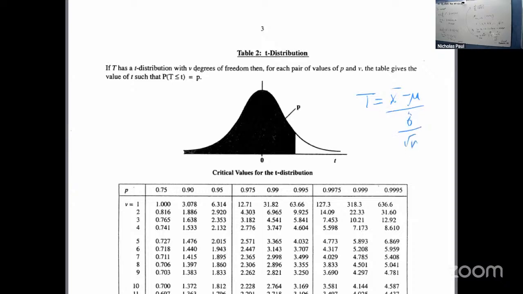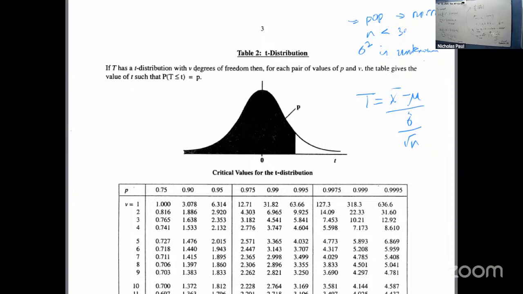The reason it's sigma hat is that whenever you have a population that is normal, your sample size is small, less than 30, and sigma squared is unknown, meaning you don't know it, we use a distribution called the t distribution. As I said, it looks very similar to the normal distribution.